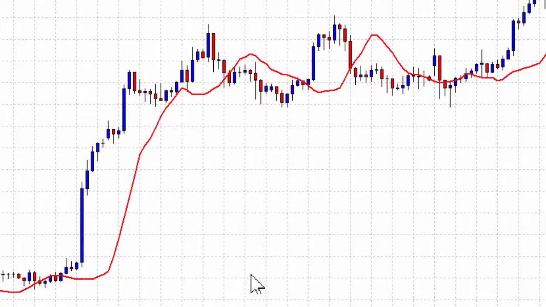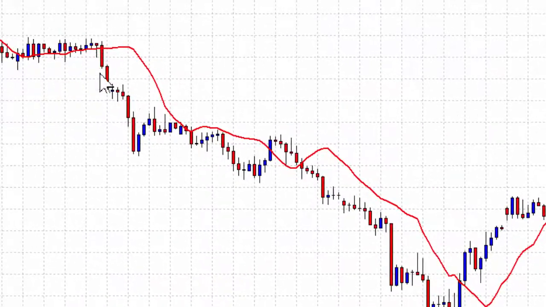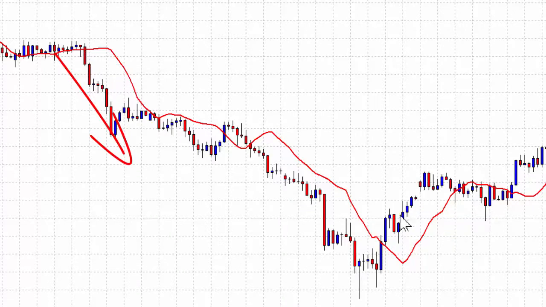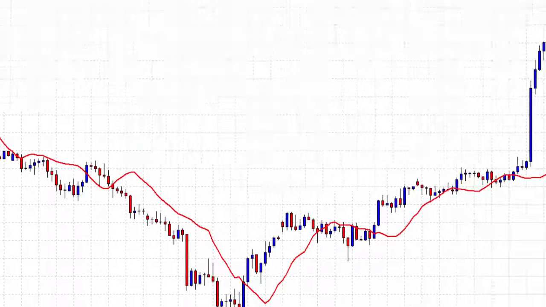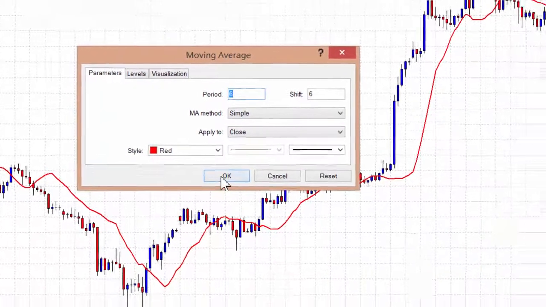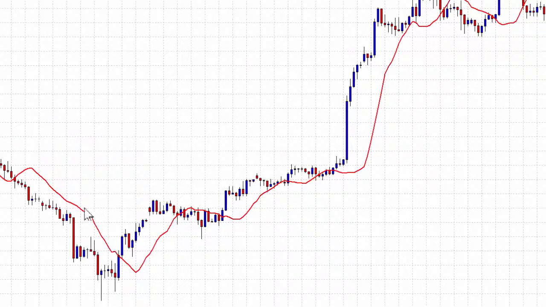Immediately, there are a few things that happen. Firstly, the buy phases are much easier to identify. The sell phases, the same thing. And if we look here, there's a sell phase that was easy to identify. And by the way, sell phases are when the price is below the moving average, and buy phases are when the price is above the moving average. Also, what happens when the shift is applied is that you have much cleaner cutovers from the one phase to the next.